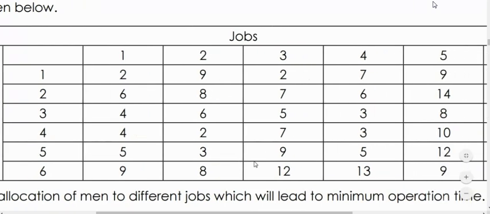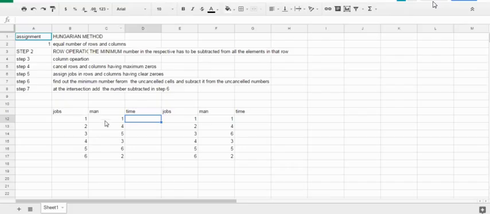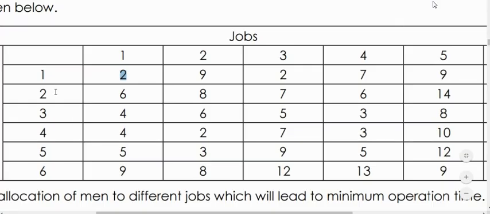In the question, see here, the first job was completed by the first man in 2 hours. So here I'll put 2. The second job by the fourth man is again completed in 2 hours.